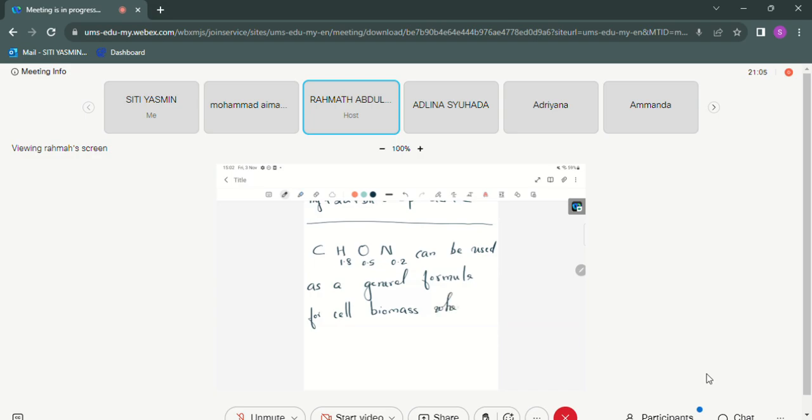Because sometimes in the equation they will give you the composition of the cell biomass. When it's given, you have to use that one. But if it is not given, you have to use this formula, which is CH1.8O0.5N0.2.